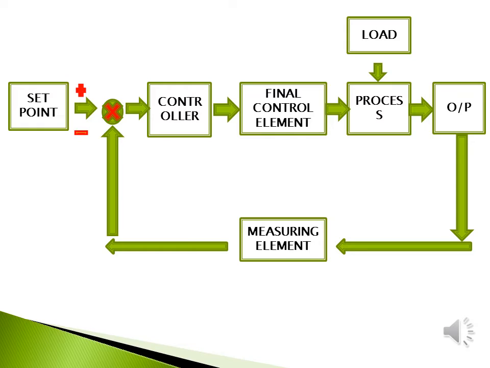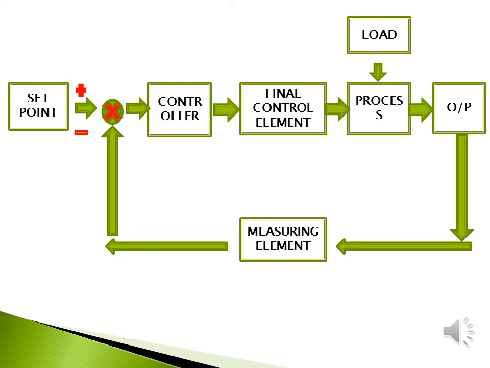Usually a process will have input and corresponding output. Once a disturbance or load is introduced into the system or the process, we do not get our desired output. That means the output or the response obtained from the process deviates from our desired value.